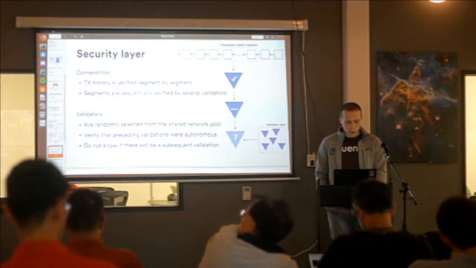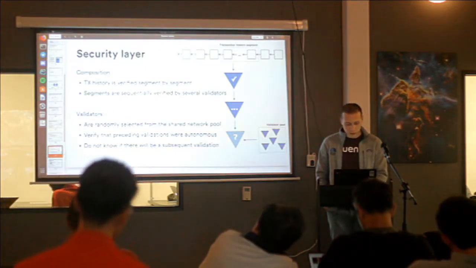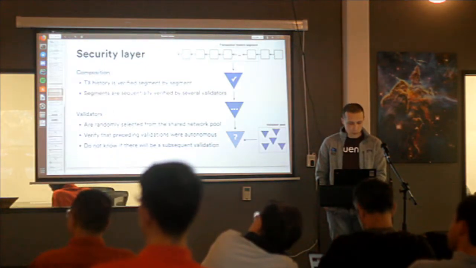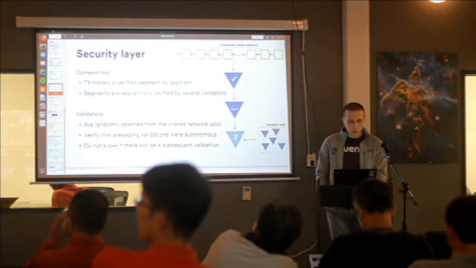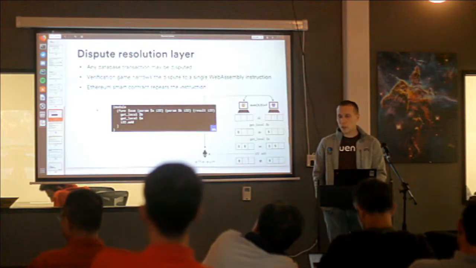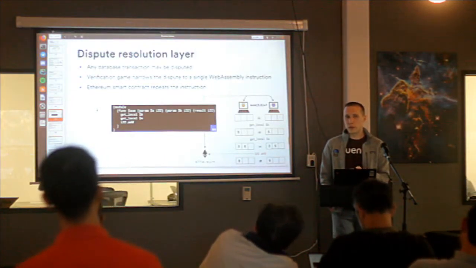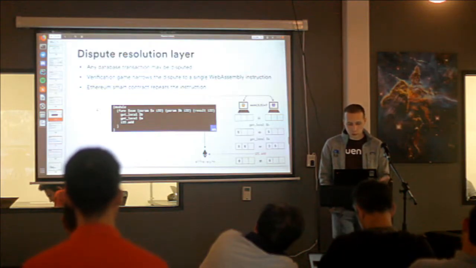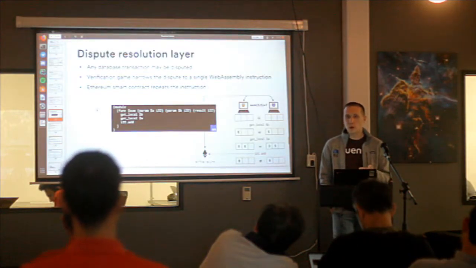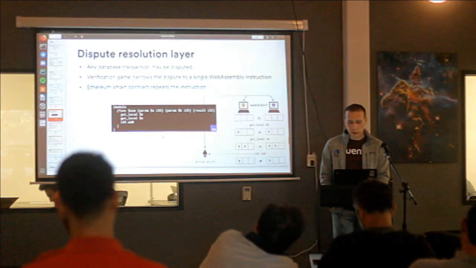And if there is a challenge, so basically two machines on the network do not agree on the computation results, then the verification game happens. The verification game is a really simple way to resolve the disagreement about how the computation should look. So imagine you have a WebAssembly program, and this program is as simple as this one.